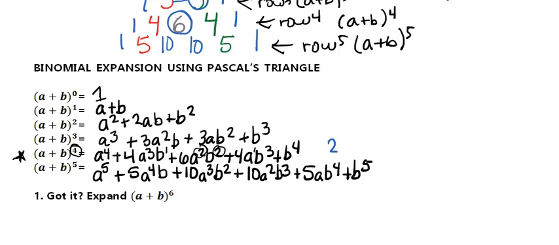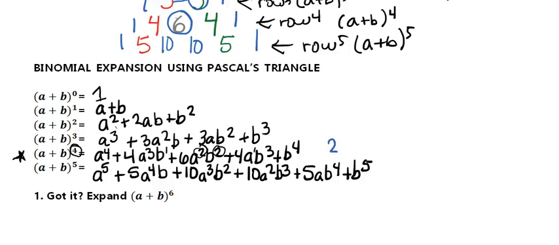Now we can describe the pattern of the exponents of a in each term and the exponents of b in each term. The first term is a to the n, and the exponent on a decreases by 1 in each successive term. So in our example of the fourth expansion here, I have a to the fourth, a to the third, a to the second, a to the first, and then there is no a, or it's a to the 0, with b to the fourth.